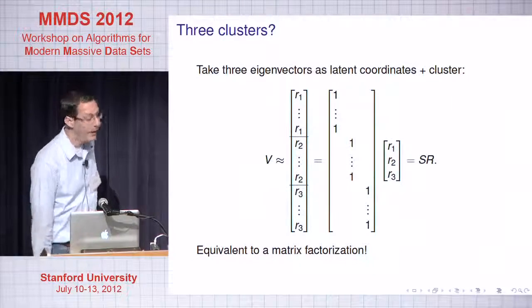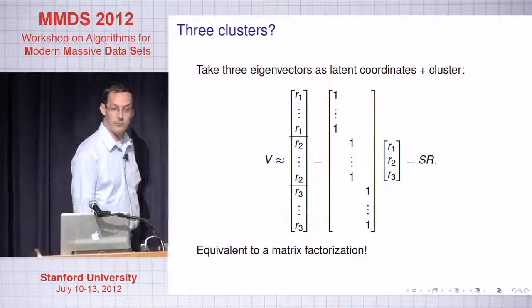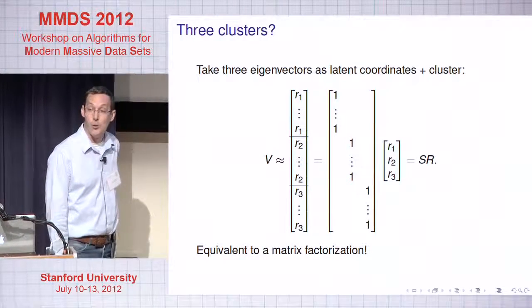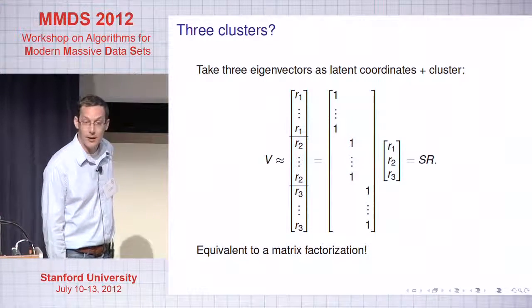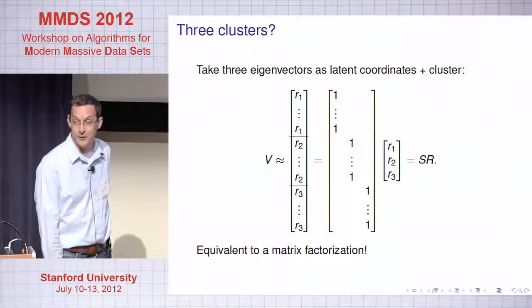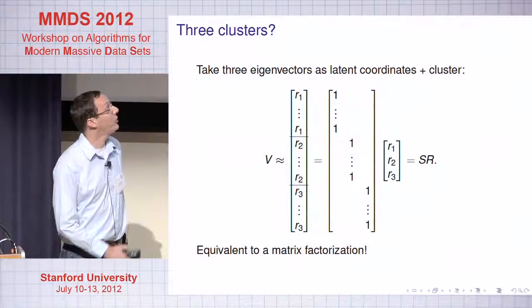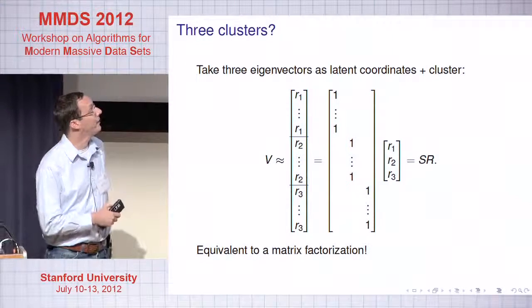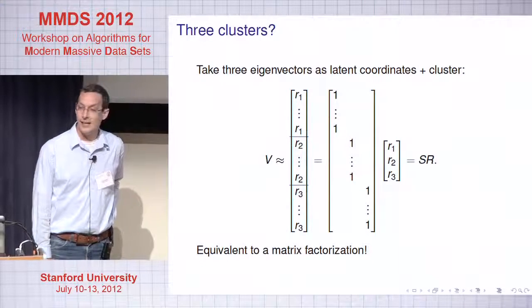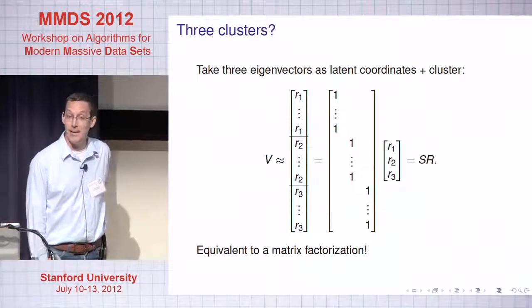Right? So what if you've got a few more clusters? So I want to do 3 or 4 clusters. One thing that I could do is spectral bisection recursively, and that's frequently done in scientific computing. Another thing that I could do is to say, let me treat the first few eigenvectors as giving me latent coordinates, and then I'll do clustering, maybe using k-means.